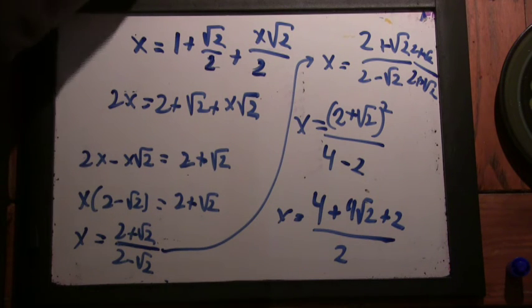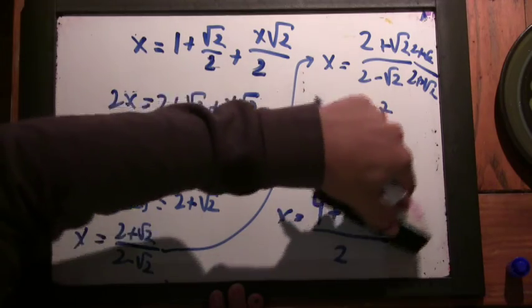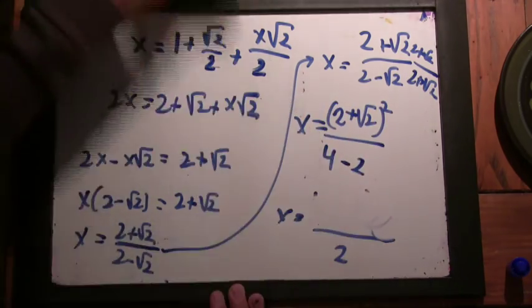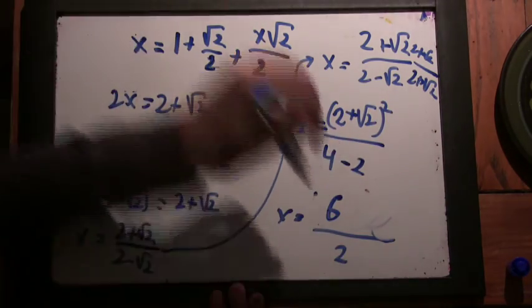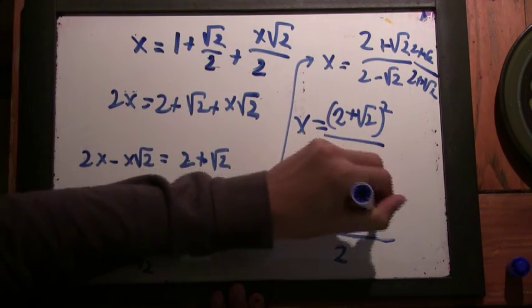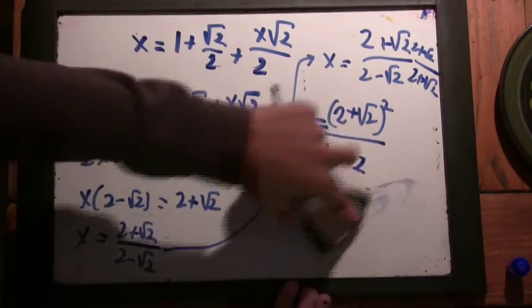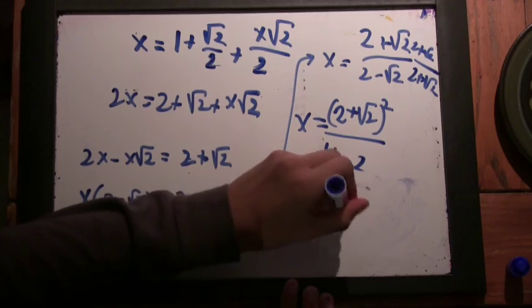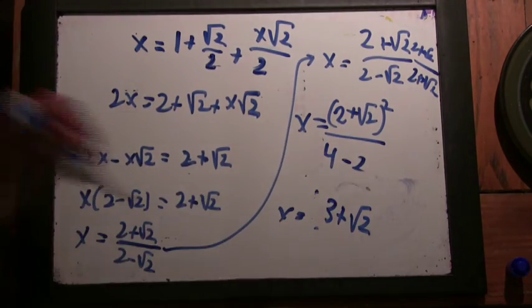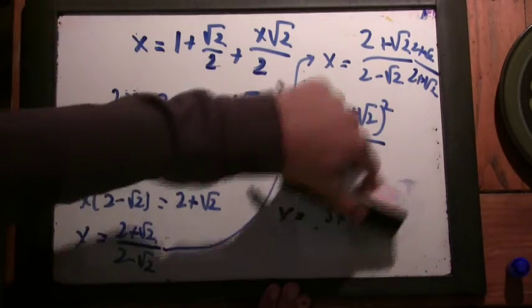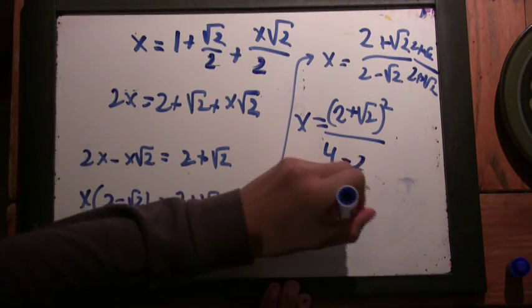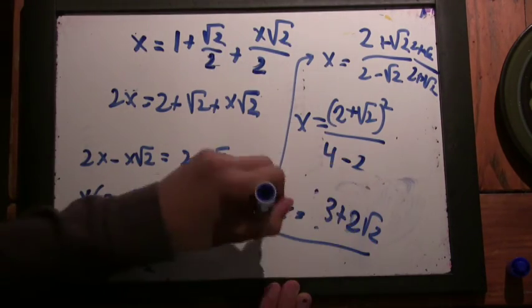So this is going to turn into 6 plus 4 root 2 now. And then it's going to turn into 3 plus 2 root 2, when the 2 cancels. Okay.